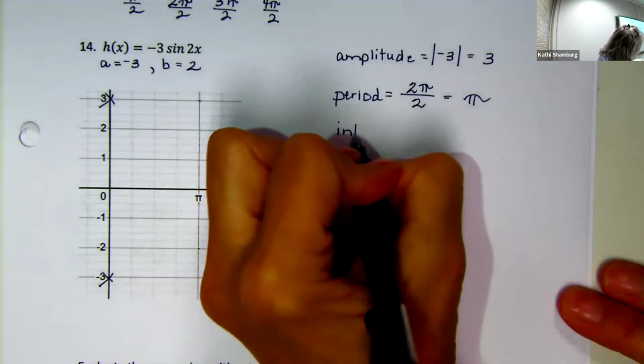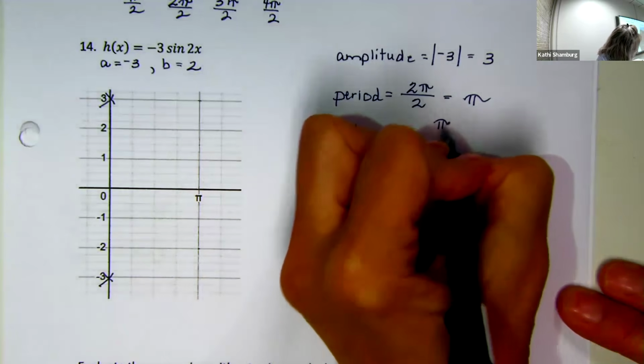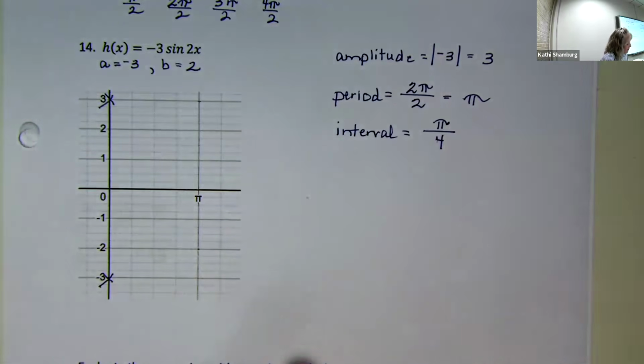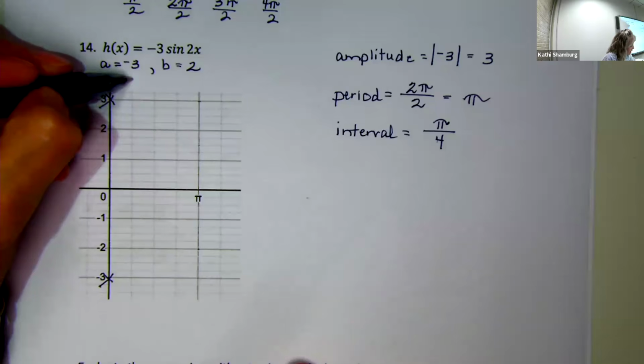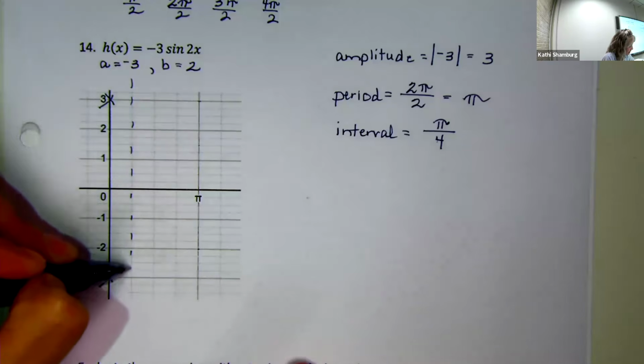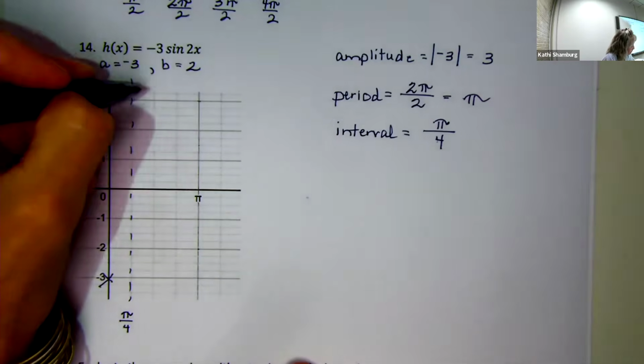All right, our interval is always your period divided by 4. Always divided by 4. Okay, so if I were to look at that, then here is pi over 4.